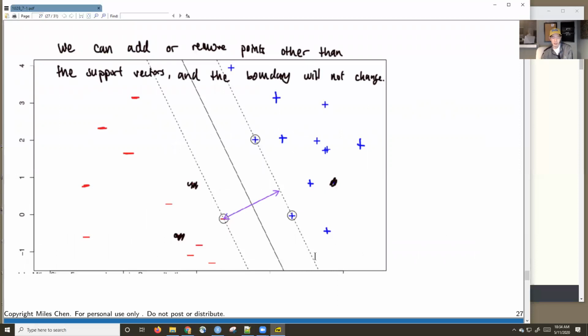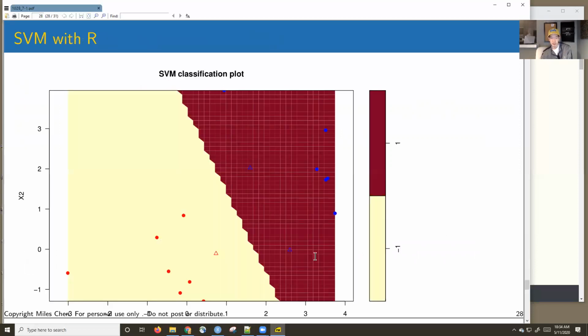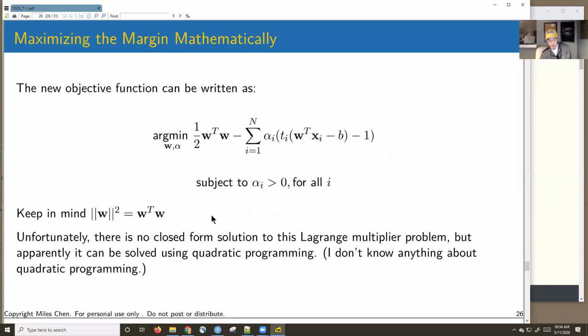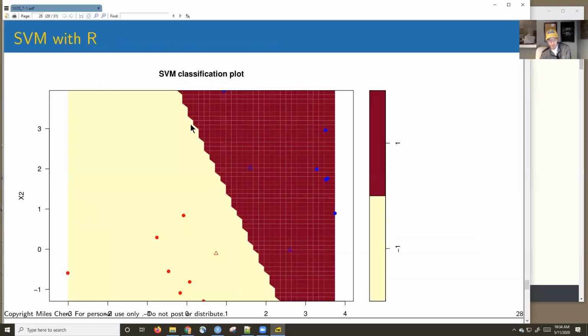Okay, we can run this. Basically this is the same data points as we've been having, and this is the boundary that it finds. It gets graphed kind of not nicely, but you're going to get this linear boundary.